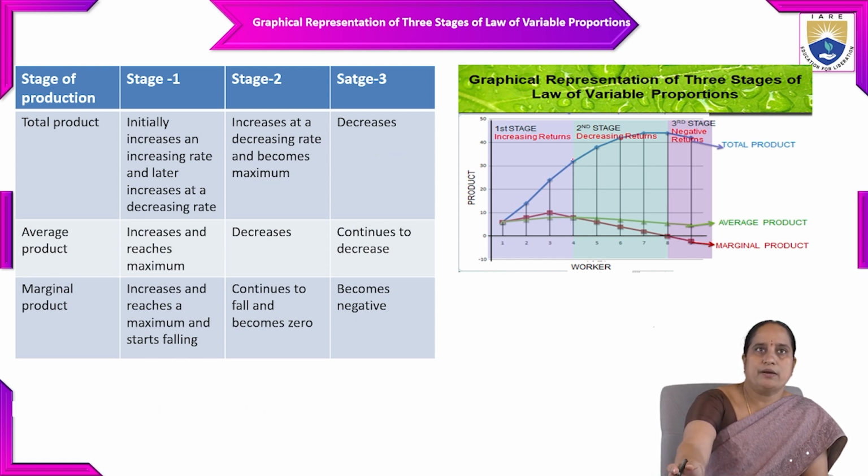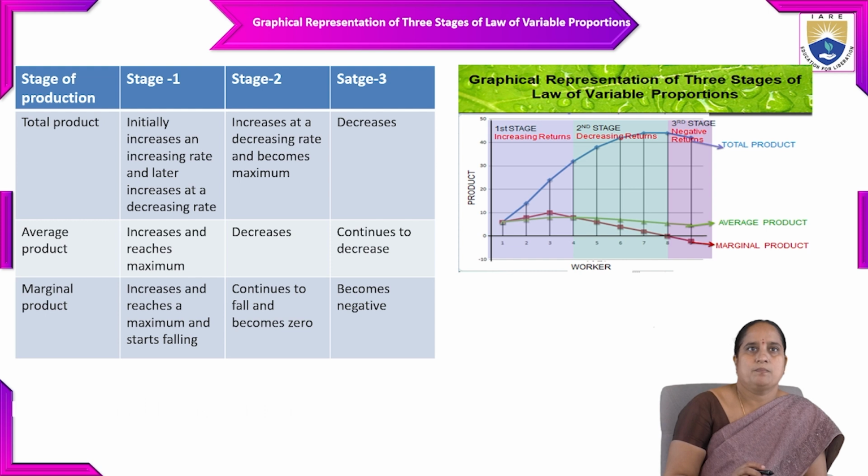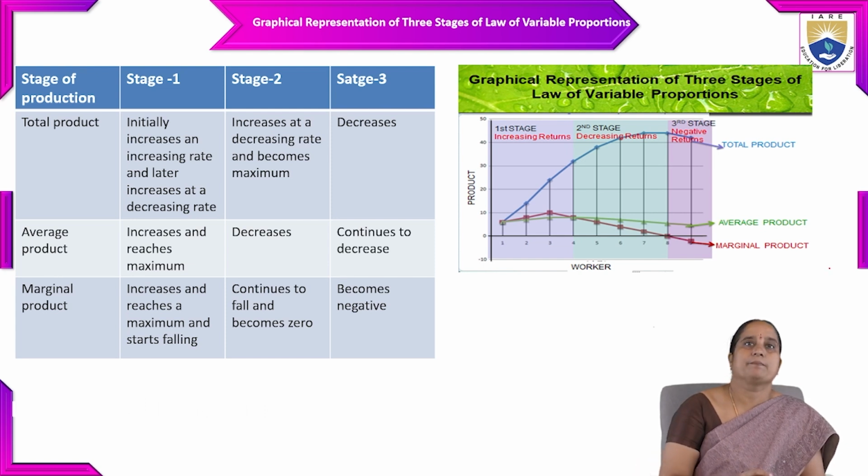If you observe this graph, the total product initially increases at an increasing rate, later increases at a decreasing rate. If you observe average product, it increases and reaches a maximum, whereas marginal product, if you observe at stage 1, increases and reaches a maximum, then starts falling.